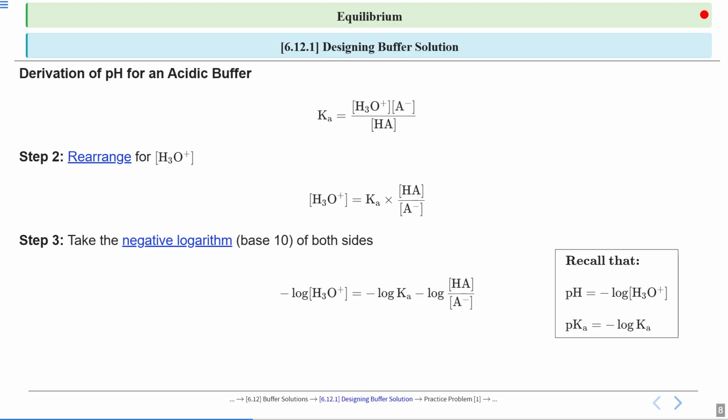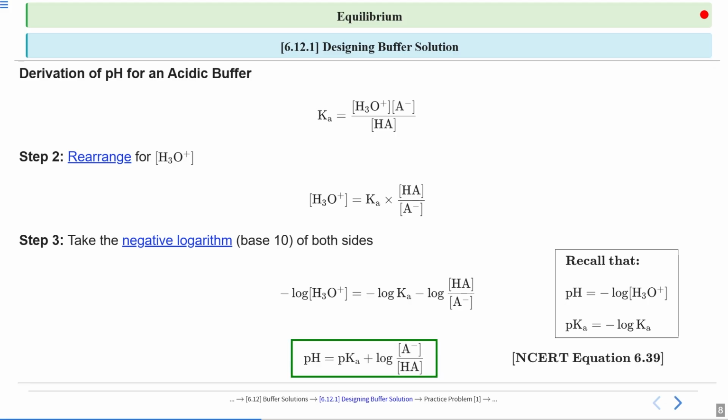Yes, we know it. So we will replace those things. Therefore, your pH will now be pKa plus log of A minus by HA, where A minus within the square brackets represents the concentration of conjugate base, and HA is the concentration of the acid. So this is your equation for calculating the pH.